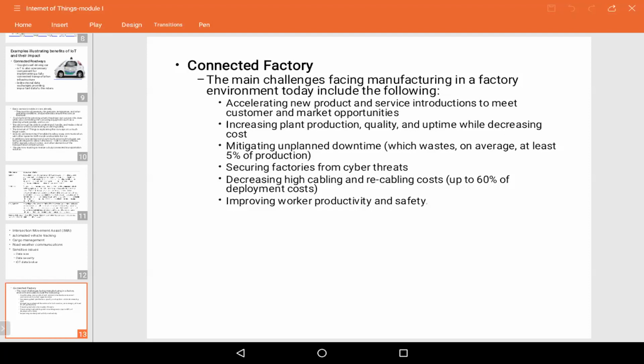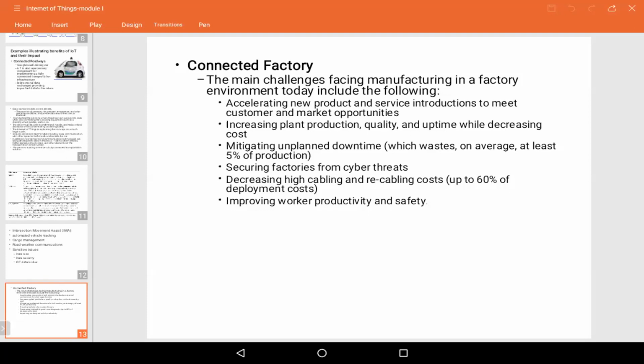Earlier, they used to supply products to the main retailers and sell through them. But now it is not so. Now it is all IoT enabled. We have a customer and a market where the factory and the customers are directly connected using so many online apps which have been developed, where we can directly buy whatever products we want from the factory itself.